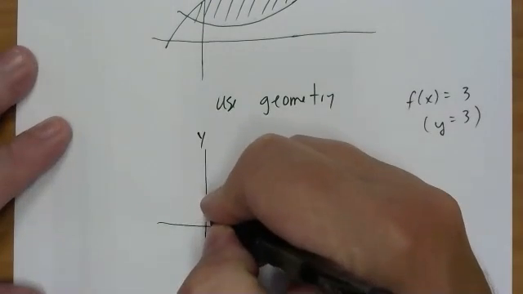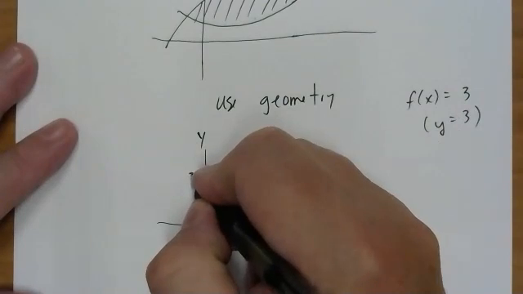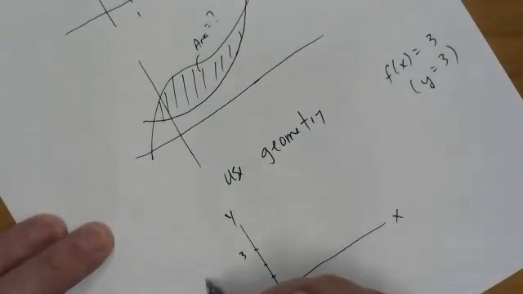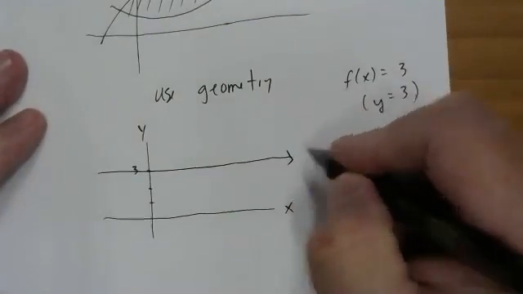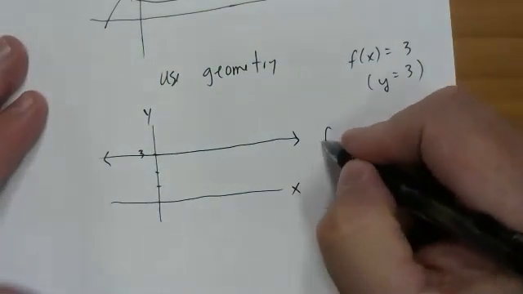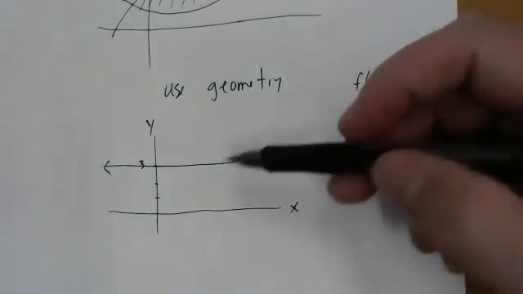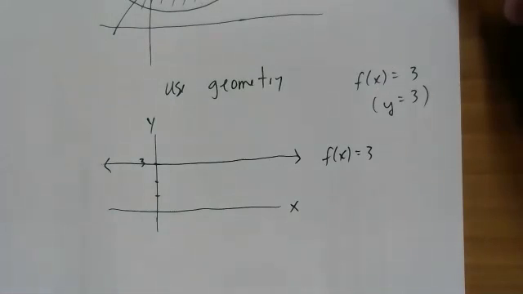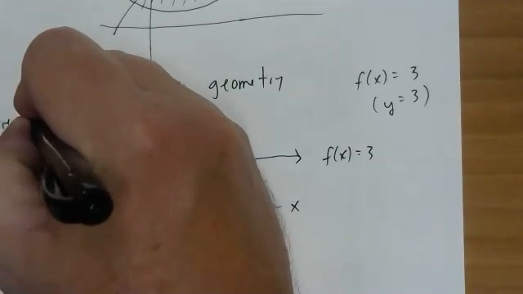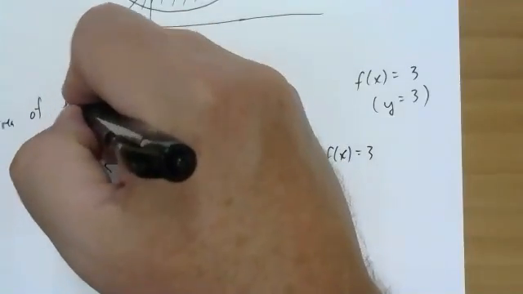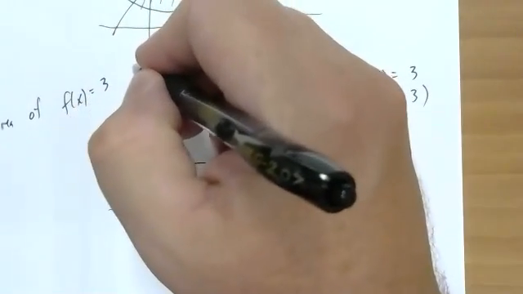Well, what is the graph of y equals 3? Hopefully you all know. But that's just a horizontal line that goes to the value, and y is 3. So maybe they ask for the area of f of x equals 3.